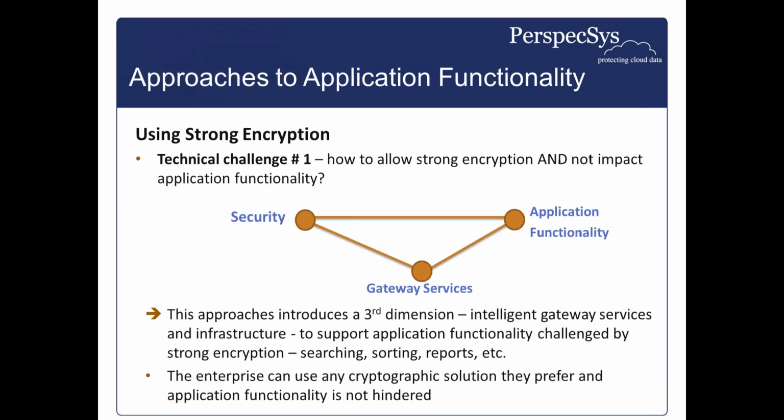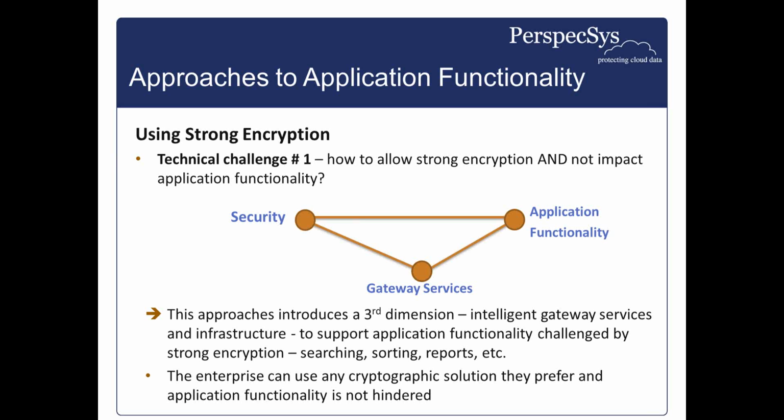The second approach is, under what conditions can we use strong encryption, using algorithms vetted to the strength that Jeremy described earlier, and not impact the application functionality for which the SaaS application was designed in the first place? The approach there is to bring some intelligence into the gateway provider.